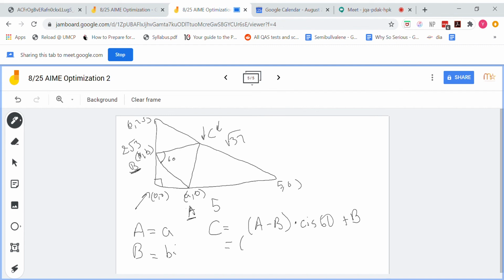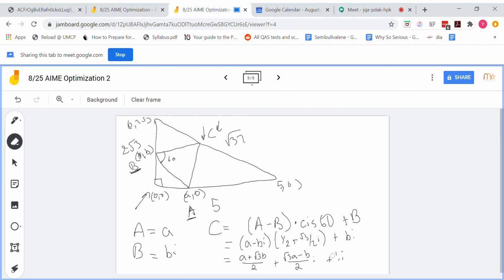So this comes out to be (A minus B) times, now cosine 60 plus i sine 60 comes out to be 1/2 plus root 3 over 2 i, plus at the end we have an extra B. This is computationally intensive, but this comes out to be (A plus root 3 B) over 2 plus (root 3 A minus B) over 2 i, right?